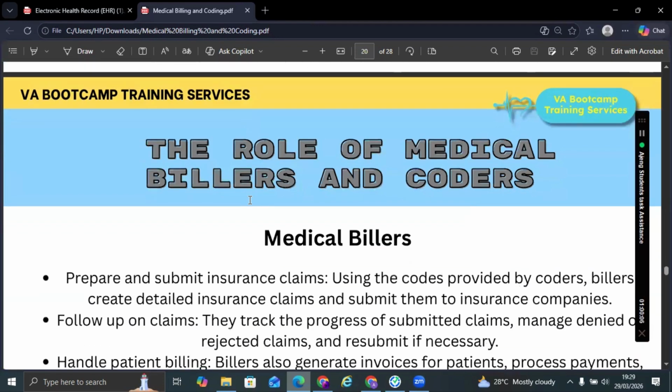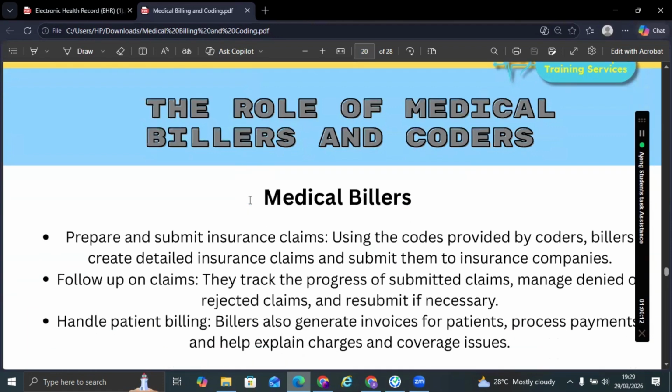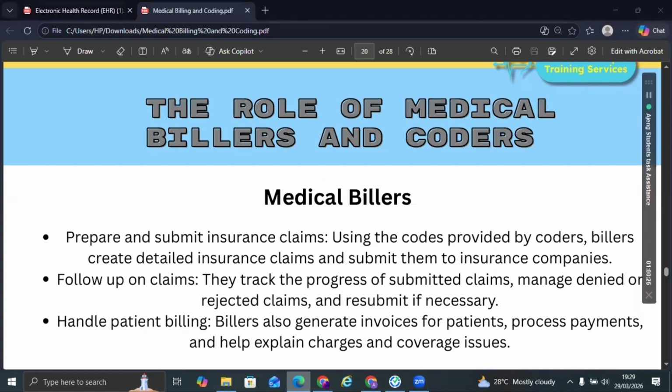Okay, the next part is about the role of medical billers and coders, but this is for medical billers. So prepare and submit insurance claims using codes provided by coders. Billers create detailed insurance claims and submit them to insurance companies. And then follow up on claims.